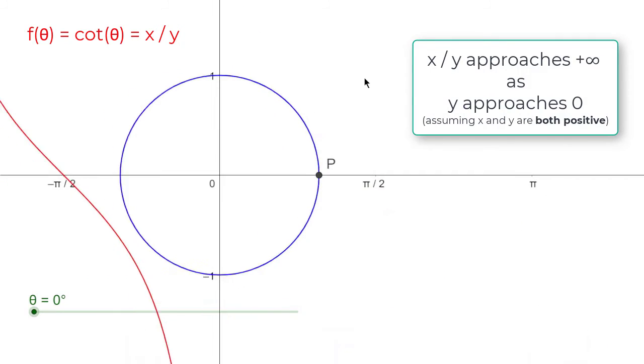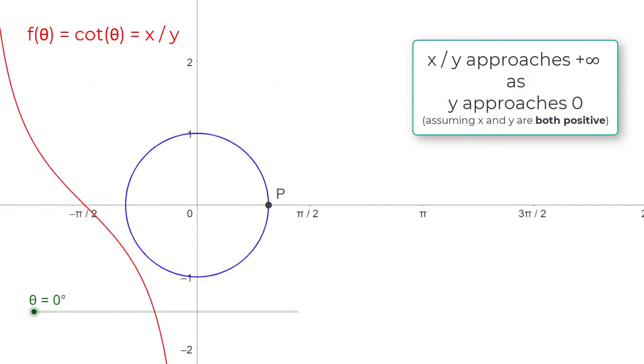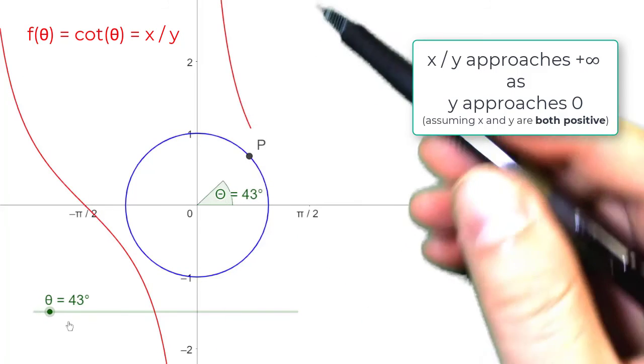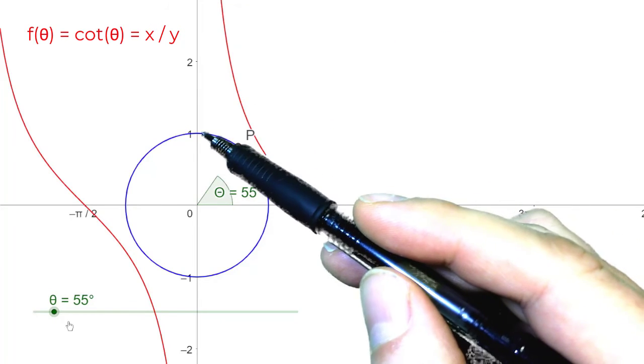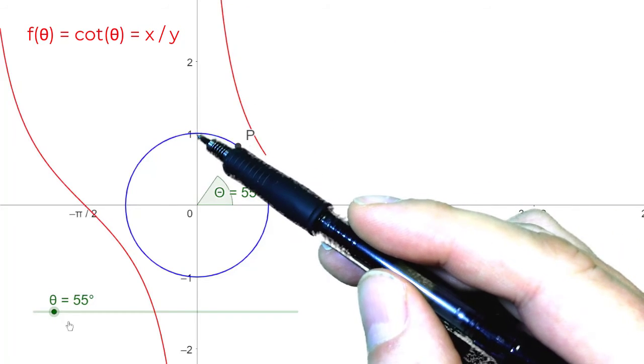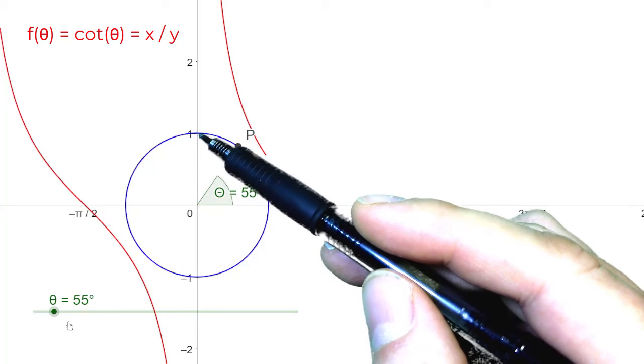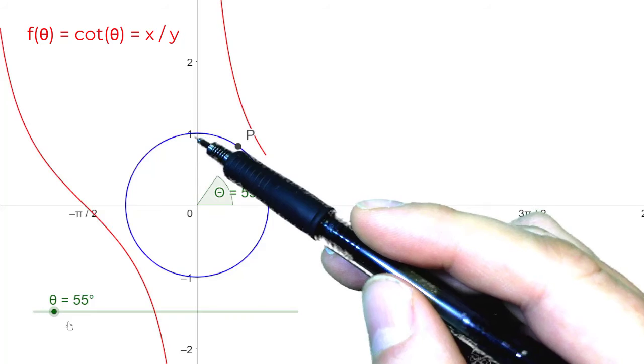Let's see, we'll zoom out a little bit and see if we can see that happening here. And there it comes down from infinity. Now, as the point approaches this part of the circle here, the x-coordinate's going to 0, and the y-coordinate's going to 1. So x over y is approaching 0.